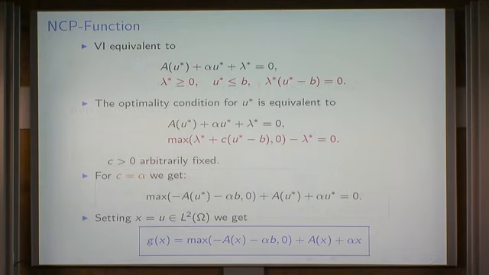Okay. Again, what I do next is I bring in a Lagrangian multiplier, but by now I think you know how to do this. So instead of writing the variational inequality, you see again a multiplier lambda, which has to satisfy these complementarity relations with respect to the inequality constraints. And again, I replace these relations by this non-smooth equation, as we have done already, and I end up with a non-smooth system as we did before lunch.